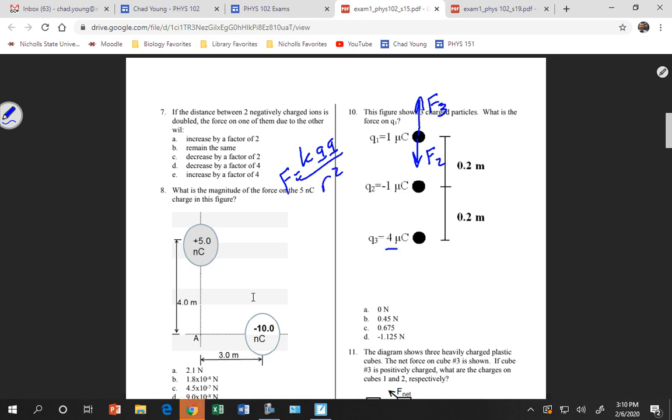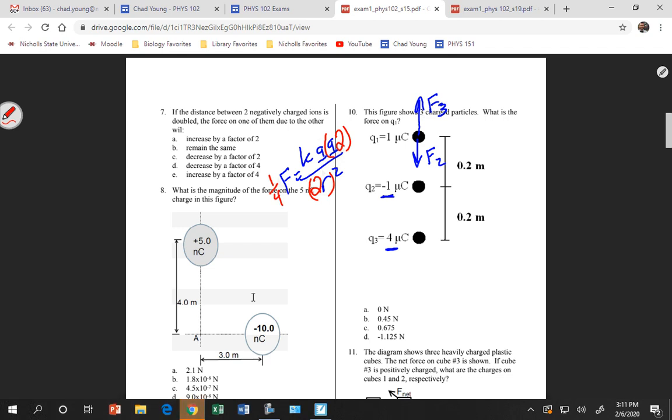Notice that Q3 is 4 times Q2. And Q3 is twice as far away as Q2. So I can say that my charge is twice what it was. Q3 is twice Q2, and it's twice as far away. So that means that this force is going to be 1/4 what the other force is.